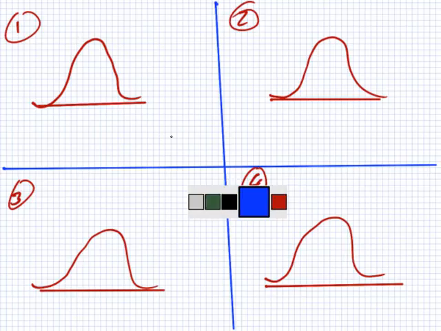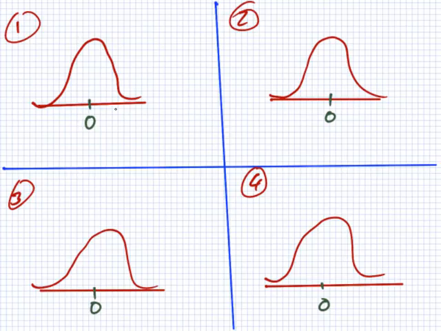So the first one, and let me just mark off 0 on each of these. This can be 0.2. And this can be minus 0.1.